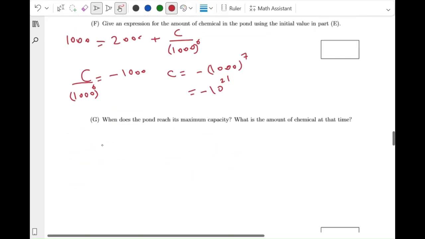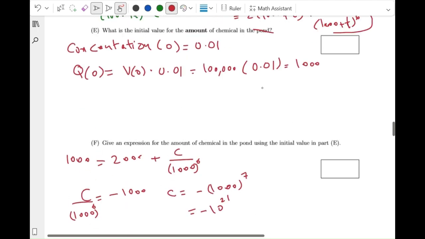And when does the pond reach its maximal capacity? Oh, we solved for C, but we didn't plug it in. Let's go plug it in.